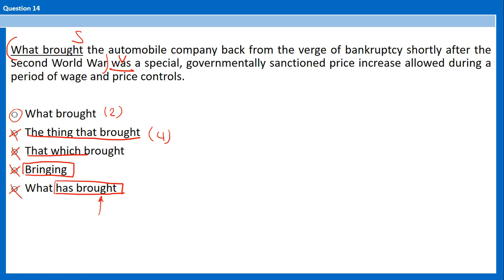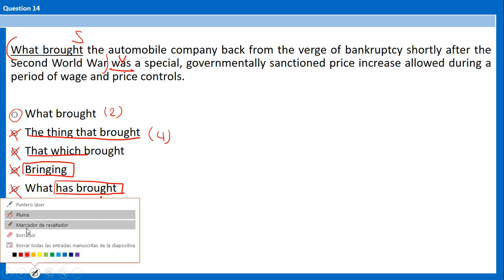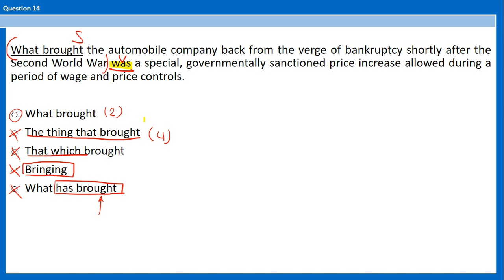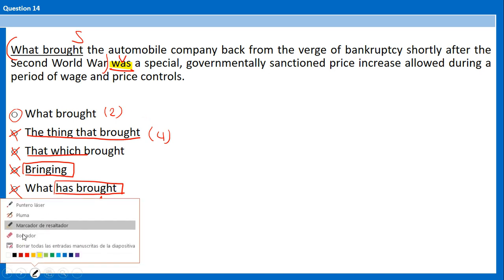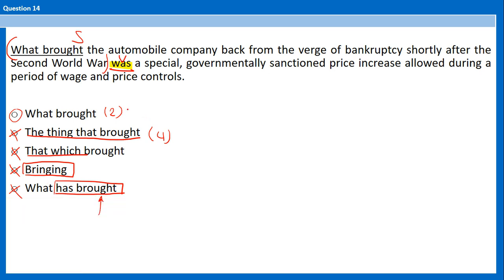And that's wrong. I need something compatible with the main verb was. Okay, so the best answer here is number 1. What brought was. Simple as that. If you have any question, feel free to email me at verbal@gmail.com.